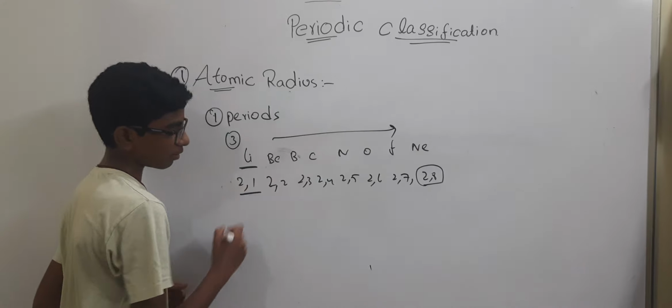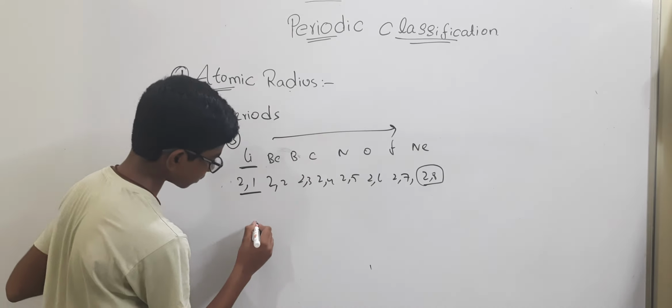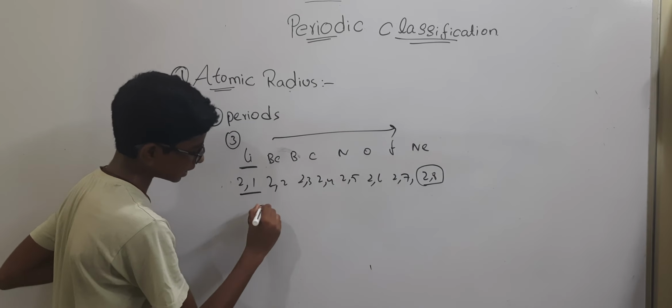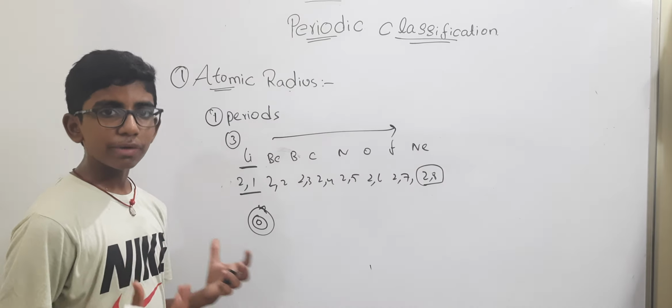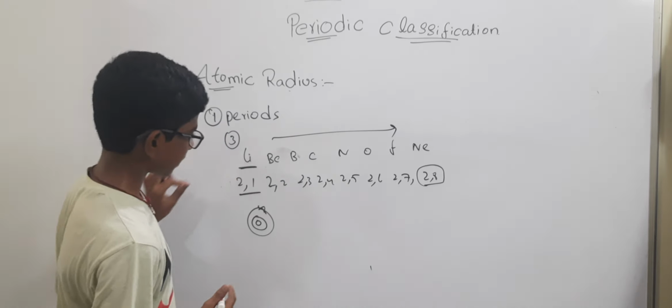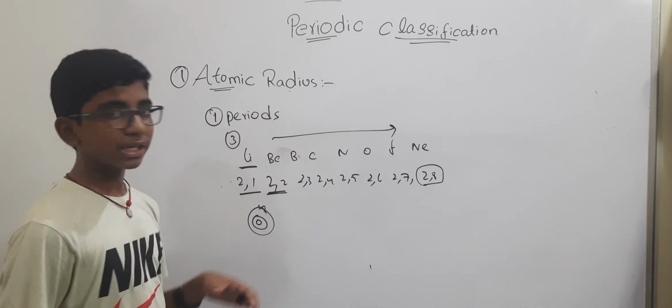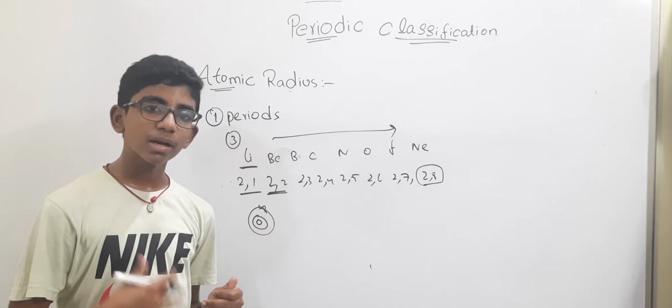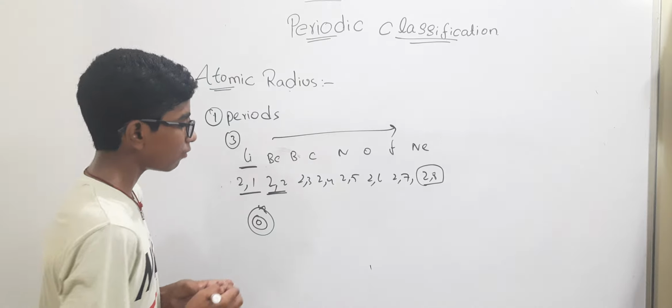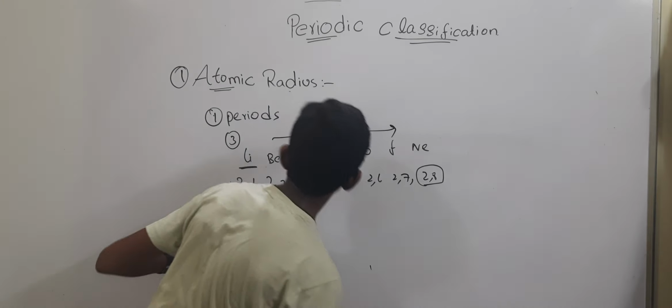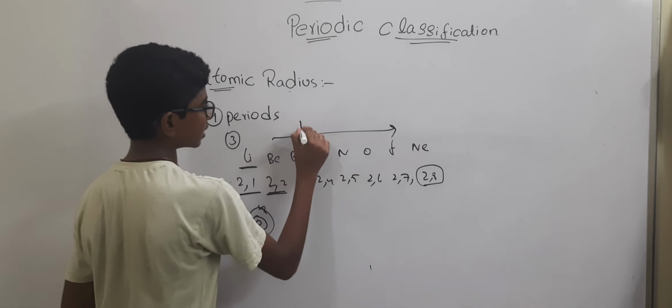First we take 2,1. 2,1 means first shell filled, second shell has only 1 electron. Only 1 electron means it has some atomic mass. In beryllium, 2,2, one electron increases and another proton also increases. Now I am telling how in periods atomic size decreases.